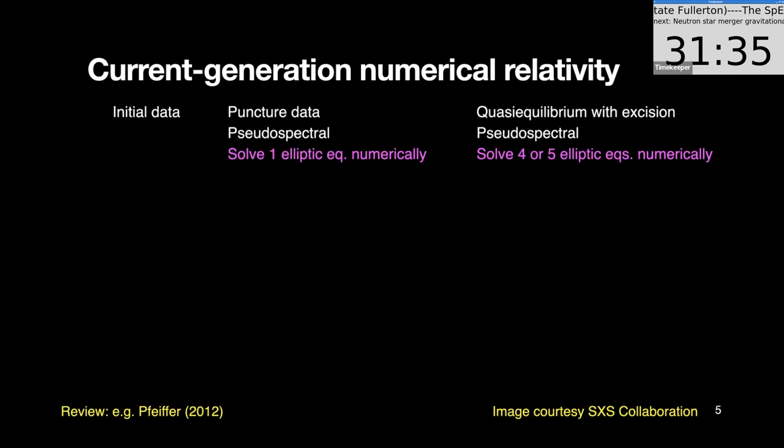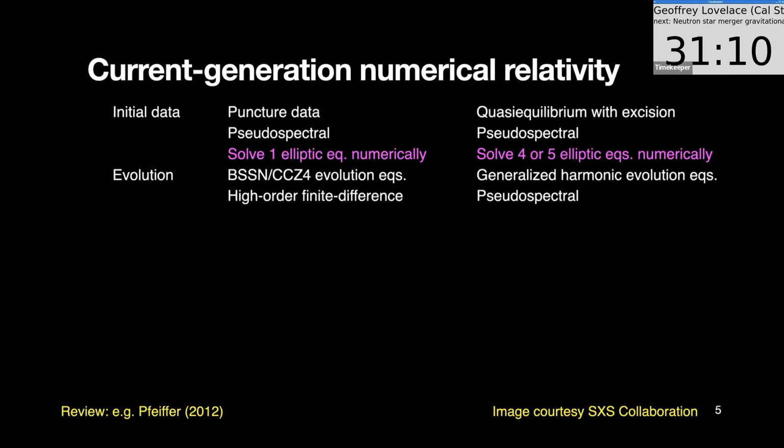Puncture data is what most codes use, but we use a kind of initial data that involves excision, where you actually remove the inside of the two black holes from your computational grid. There are usually some simplifying assumptions made so that you only have to solve one Laplace-like equation, but in SpEC, we solve a family of 5 equations, just because we're using a different formulation of the initial data equations.